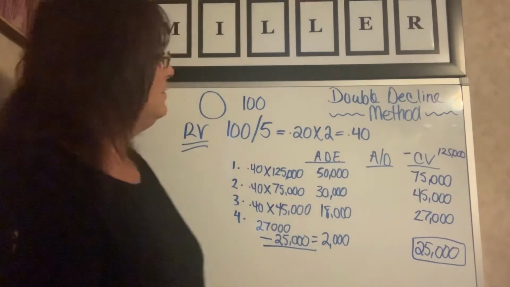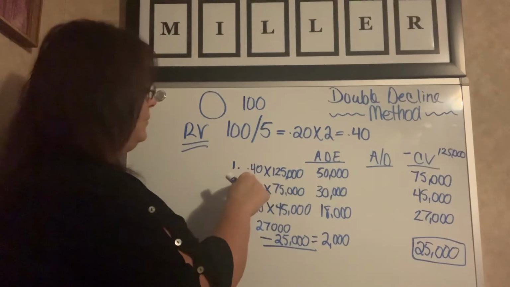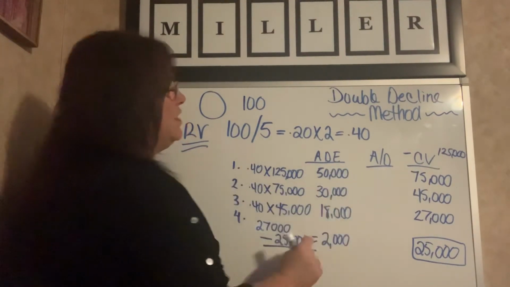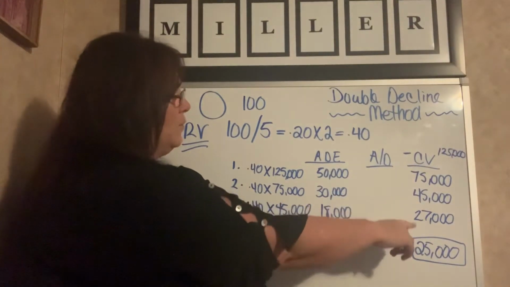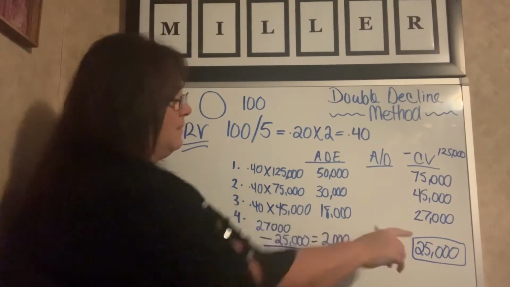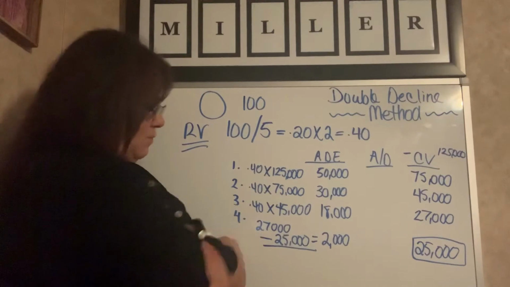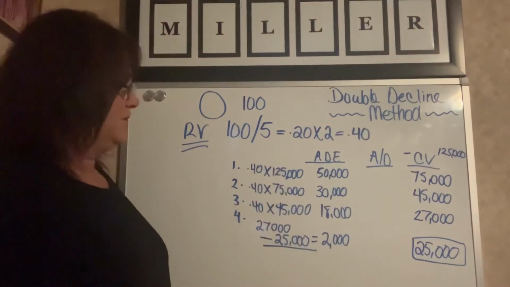Do you see what we did? We brought the carrying value over every year, multiplied it by 0.40, got the depreciation expense, and subtracted that off that year's carrying value, but then we could only go to 25,000. Remember the 2 previous problems? We have to do the subtraction wherever it cuts us off. So here we have 25,000, and we can only depreciate this 4 years.